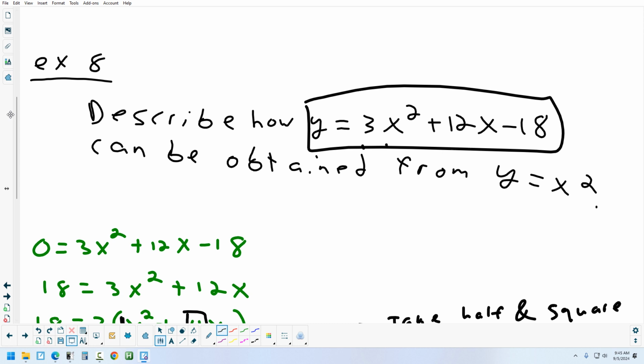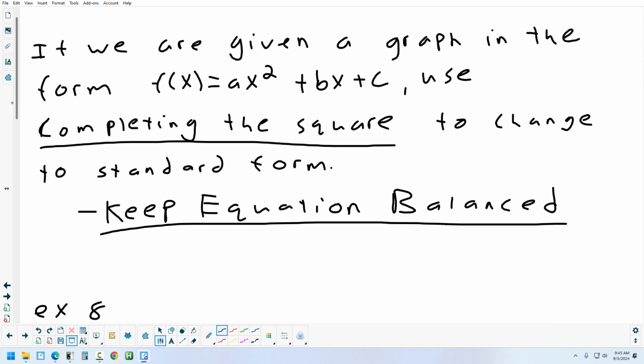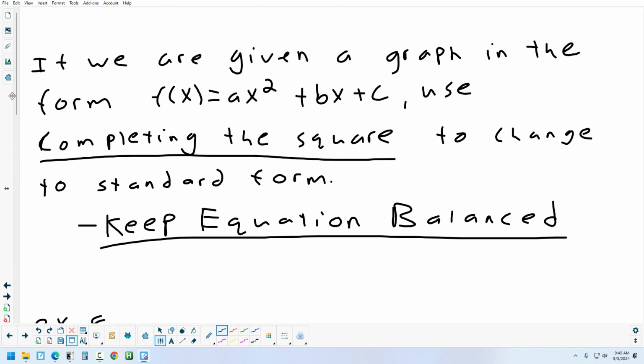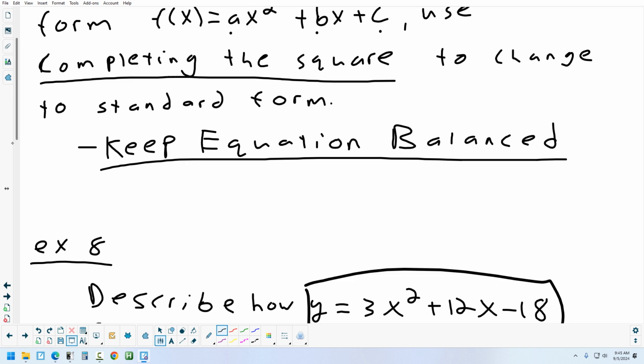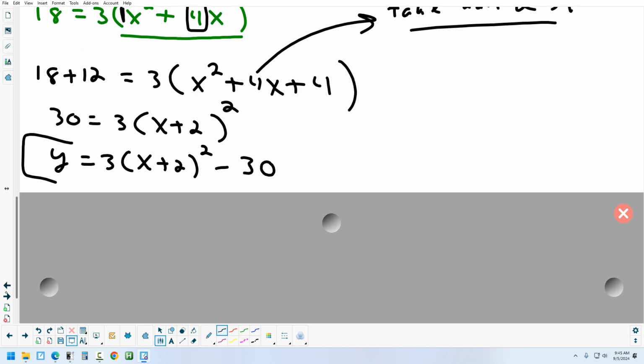There's a shortcut you can use to get the vertex here, and I'm going to show you what that shortcut is. The 3, 12, and the -18. Those are the letters A, B, and C. As long as you know the A, the B, and the C, you can find the vertex.